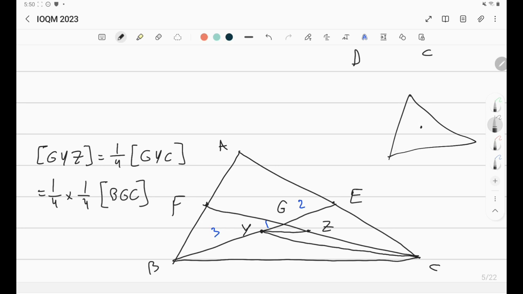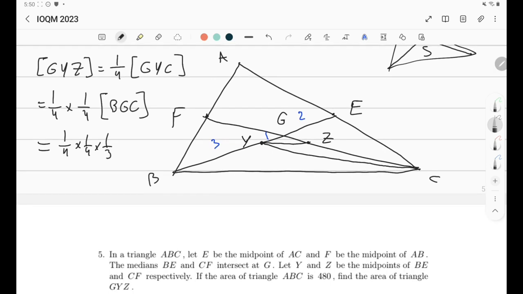Okay, very nice. Now actually BGC is a well-known thing. If you have the centroid, then you should know that it divides the triangle into 3 equal areas. Like all of these are equal, S, S, S. So that means this is just a third of the area of triangle ABC. So that means 1 over 4 times 1 over 4 times 1 over 3 times ABC. What was ABC?